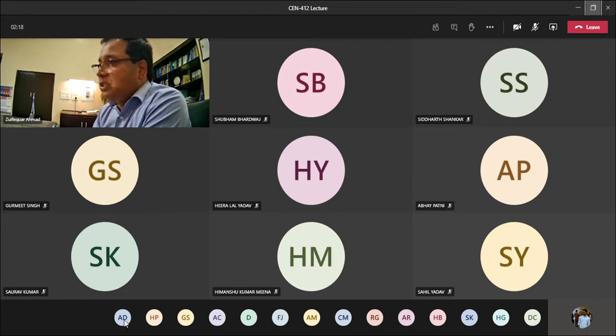Whatever we are going to discuss right now regarding the hydraulic jump type of the stilling basin, invariably that concept you can use in any type of the structure where the energy dissipation is required and the condition is favorable to the hydraulic jump type of the stilling basin. Okay, right?